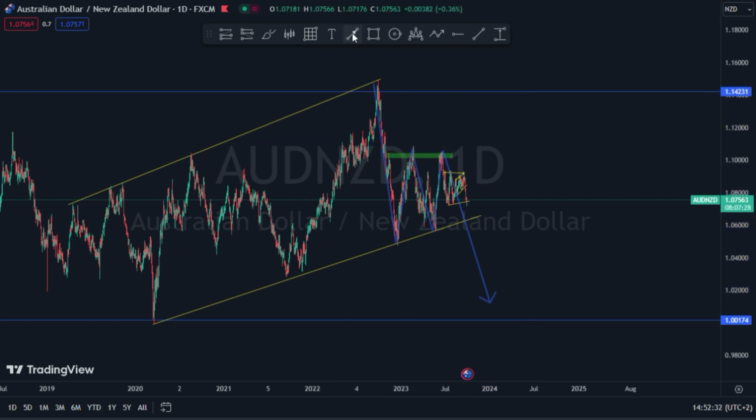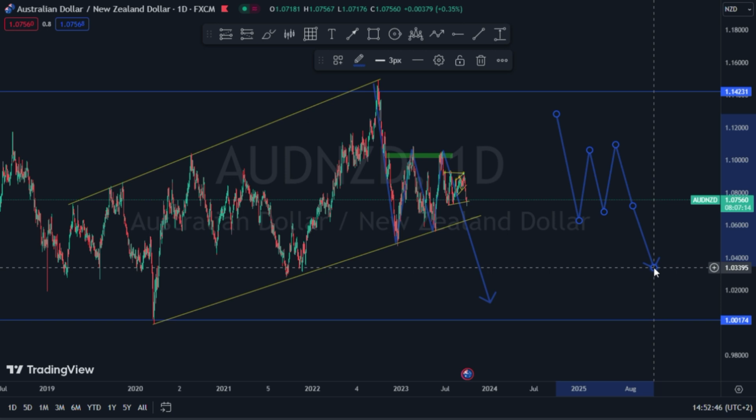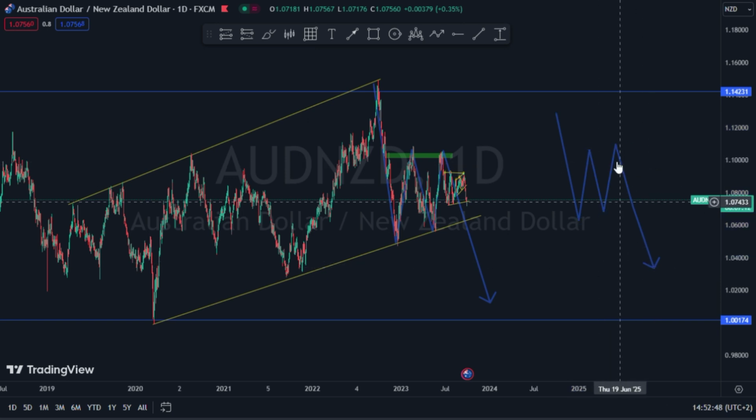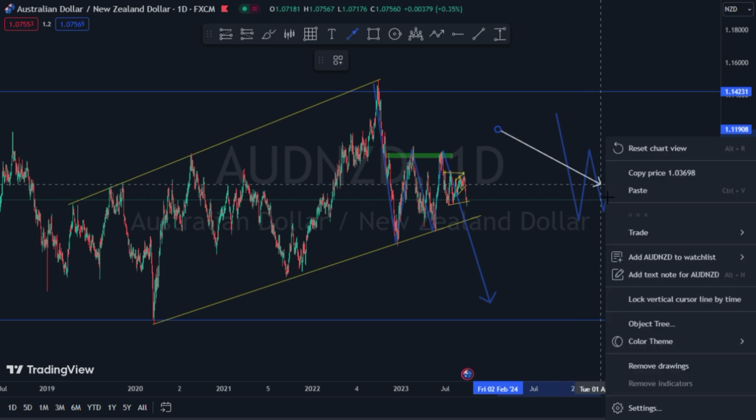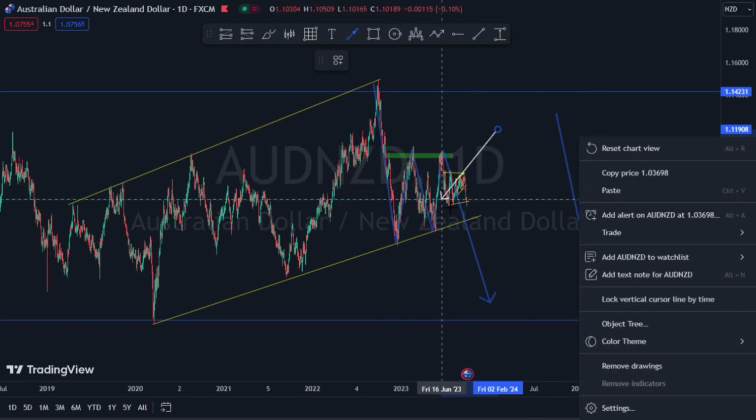Each time you see a strong push to the downside, you will see the market giving us a series of patterns that is representing a continuation pattern to continue pushing lower, right? So this is exactly what is happening right here on this AUDNZD.